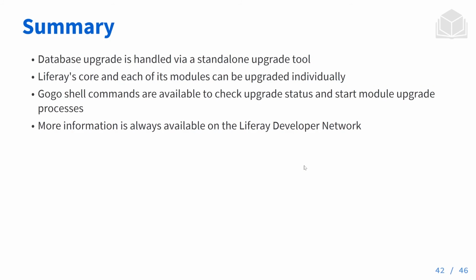There are a number of different properties, configuration files, and other configuration options we have with the upgrade tool that can help us out. As we go through and upgrade our modules, we have a lot of commands that'll help us see what modules need to be upgraded, what modules have been attempted to upgrade, and what are some of the dependencies that are needed as those modules upgrade.